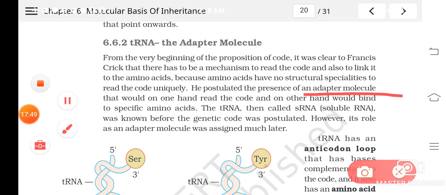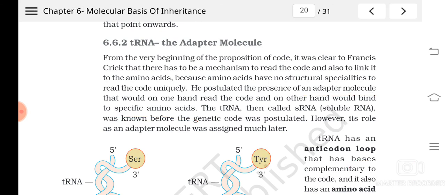What do you mean by adapter molecule? That can read the information on the DNA, and at the same time give that information to the amino acid. On one hand it will read the code, and on the other hand bind to a specific amino acid. It was found out later that this role is done by tRNA.